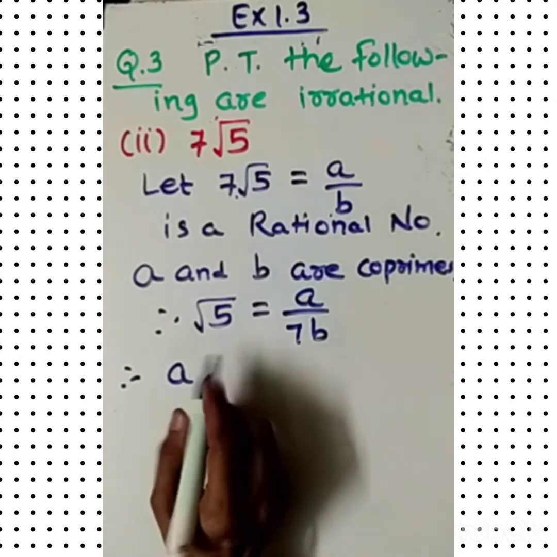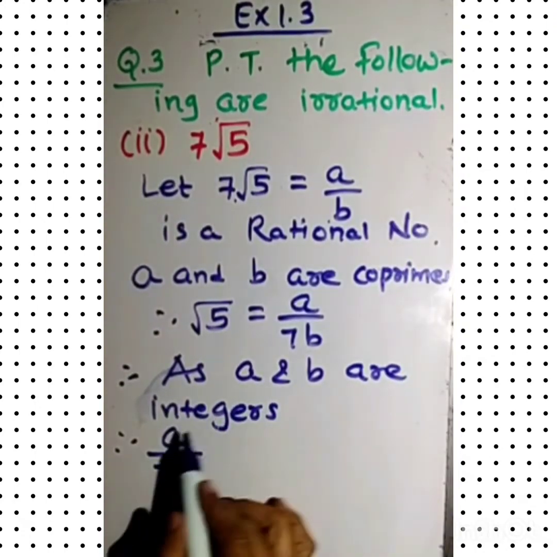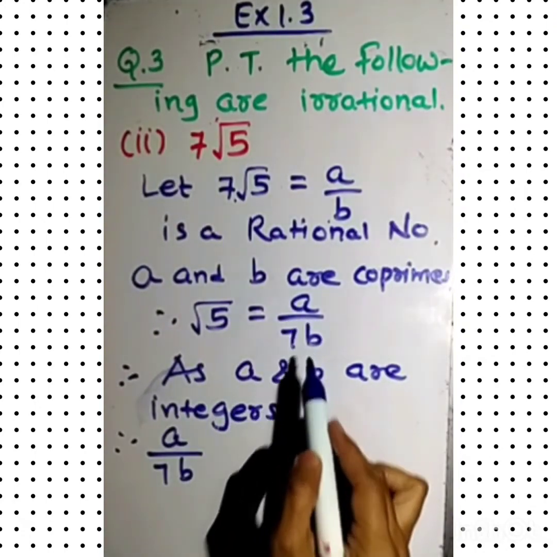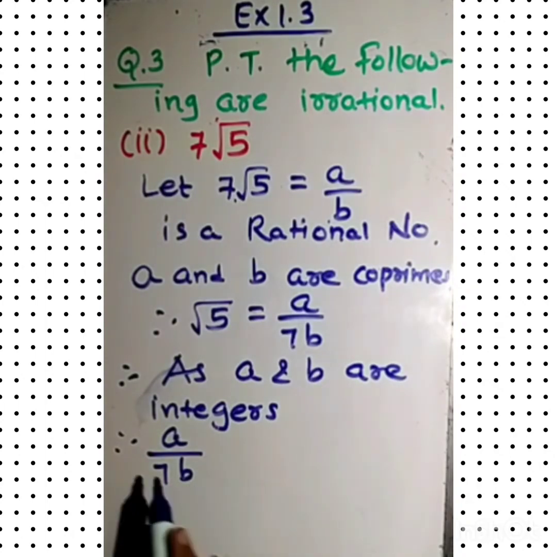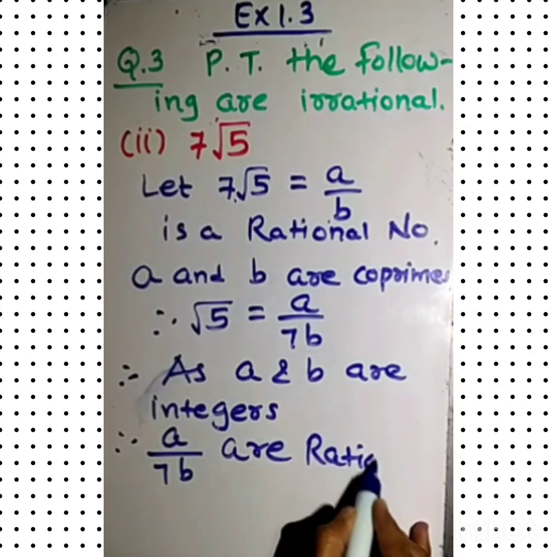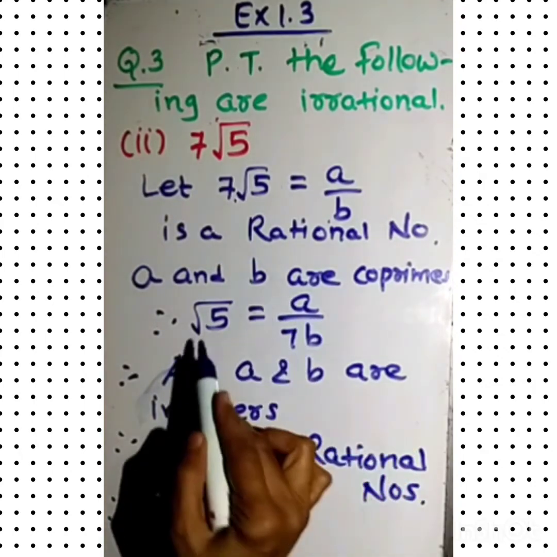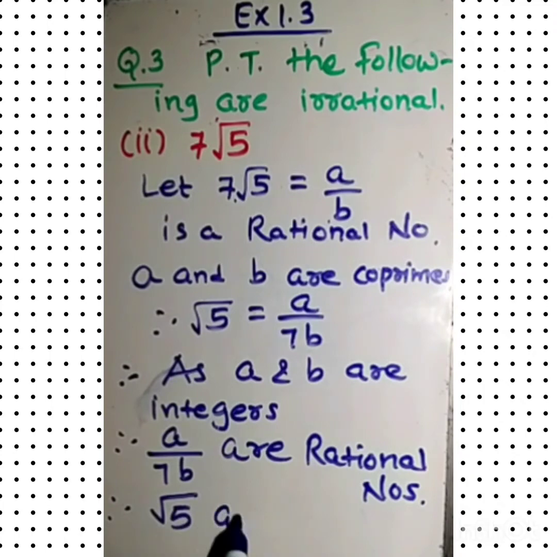As a and b are integers, a by 7b is a rational number. Therefore, the LHS, root 5, and the RHS are rational numbers, so the LHS is also a rational number. Clear to you, beta, up to here?